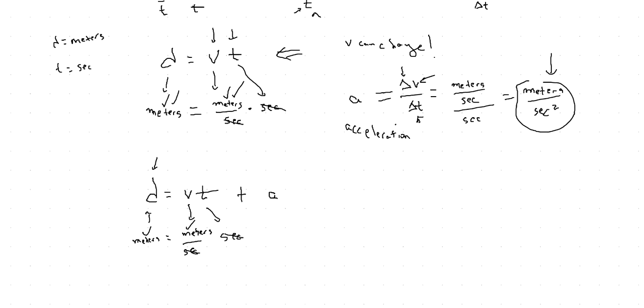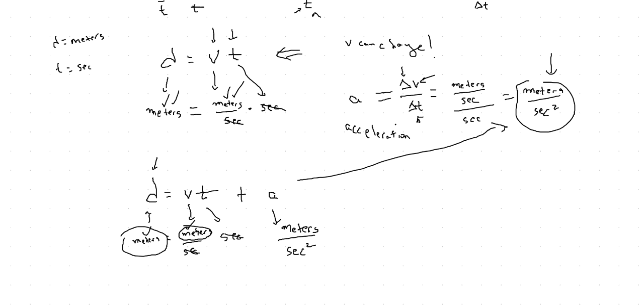Okay. Now, a, we just said from up here, acceleration, has units of meters per second squared. Look at that, second squared. Now, remember, we need to have just meters, right? Because we need to have a distance.